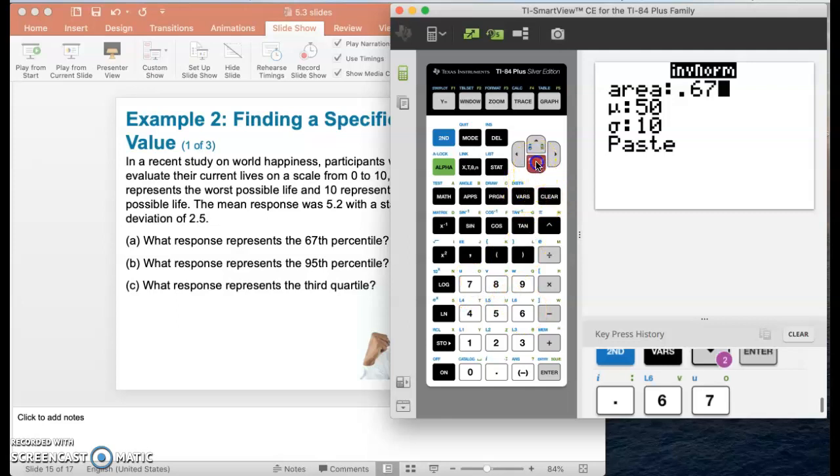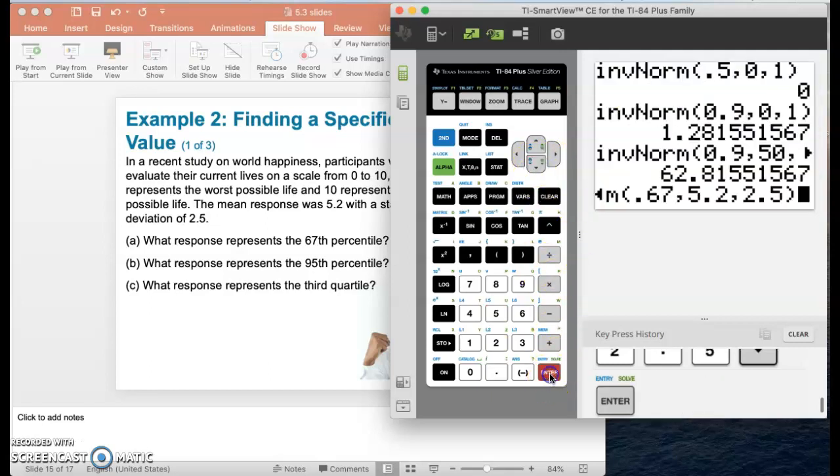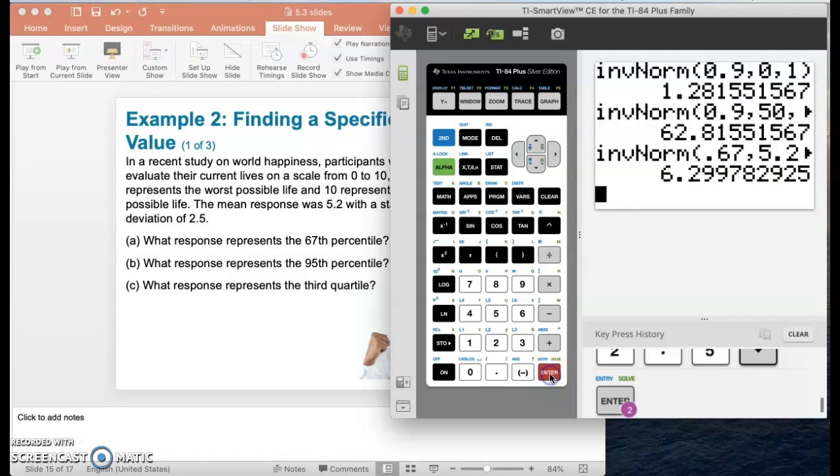Then I'm going to arrow down. The mean in this case is 5.2. Enter that. And then the standard deviation is 2.5. So I'm going to enter that. Then arrow down to paste and select enter. And then enter again. So the response that represents the 67th percentile is approximately 6.3 if we round to the first decimal point.